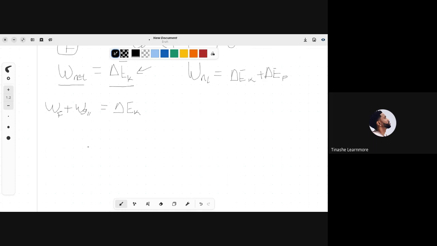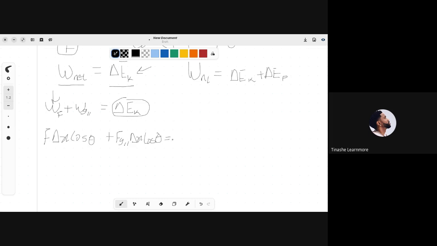Once we've got that in mind, we have to do F delta x cos theta for each of these, and on this side we do the half mv squared. Let's expand these expressions. For the applied force, F delta x cos theta is the equation. Then for the parallel, plus FG parallel delta x cos theta.